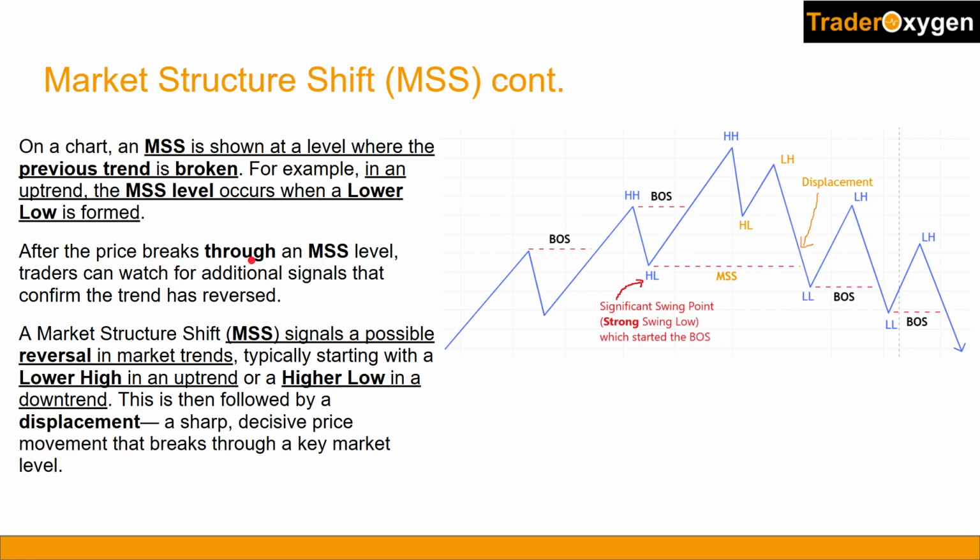So after the price breaks through a market structure shift level, traders can watch for additional signals that confirm the trend has reversed. So once it breaks with a displacement, then when the retracement happens, over here traders can take a sell entry. Why? Because it was in an uptrend.